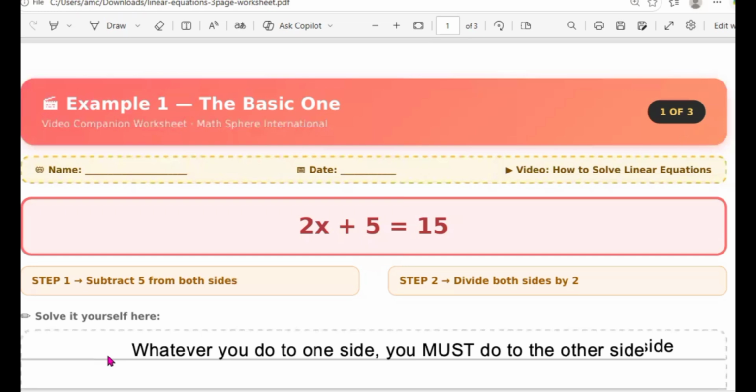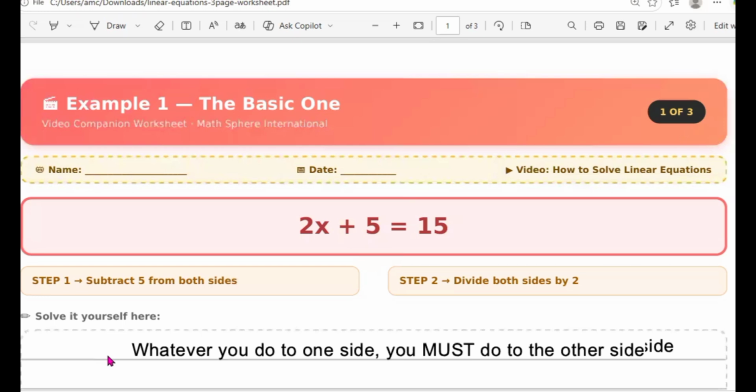Divide the left, divide the right too. Think of it like a weighing scale. If it is balanced and you add weight on one side, you have to add the same weight on the other side, otherwise it tips over. That's literally all algebra is, a balance game.